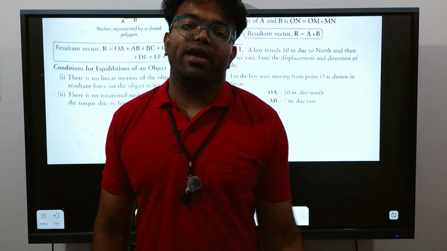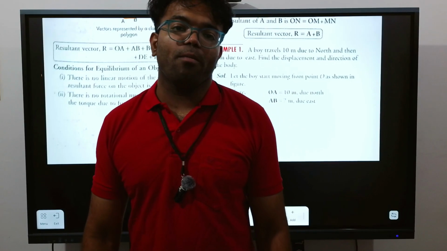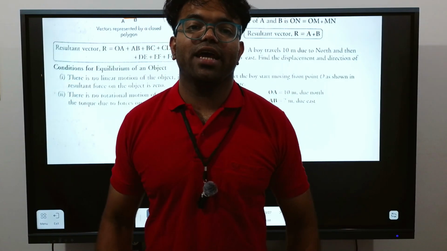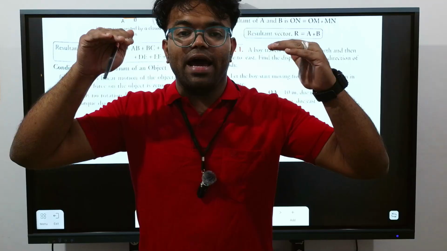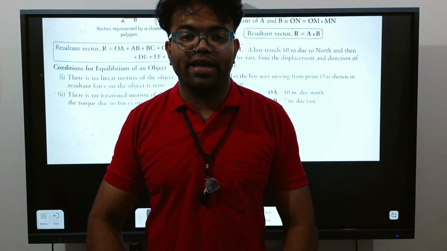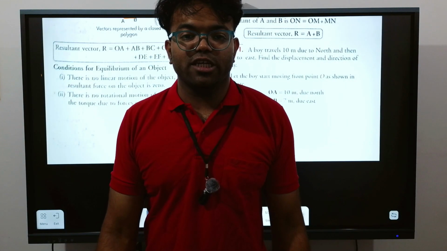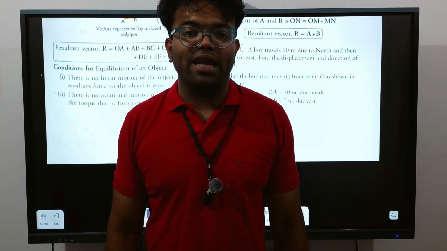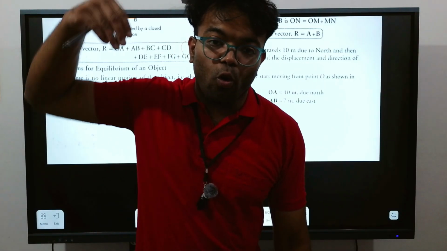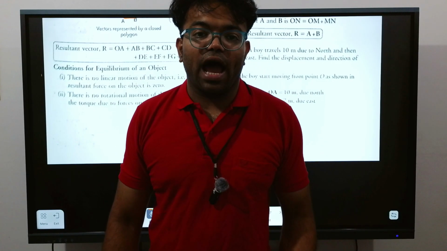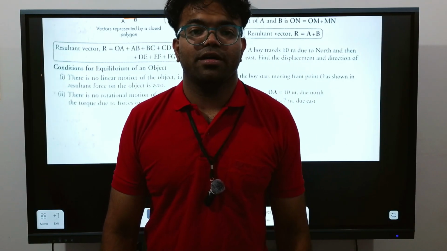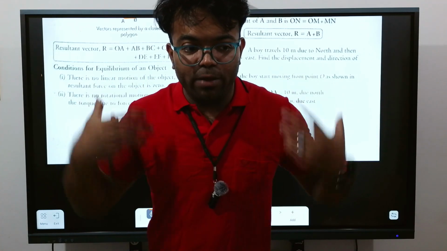Right now, my weight is being cancelled by the normal force exerted by the ground in the upward direction. My weight acts on the surface in the downward direction, and I experience the normal force from the ground in the upward direction. That is the reason why I am not going through the floor or floating in the air like a dummy. Understood?